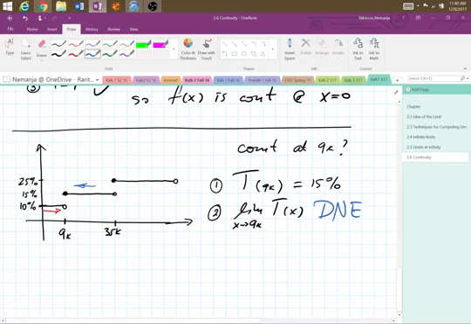Theorem 2.2 states, if the left and right limits are the same, the overall limit is that value. The limit from the left is 10, the limit from the right is 15. So at 9K, two separate values, no limit. So is it continuous? No. We see that, and we just used math to show it.